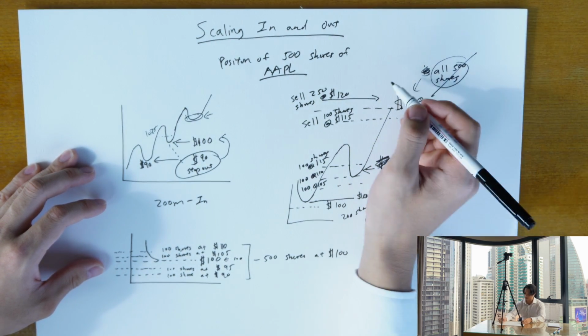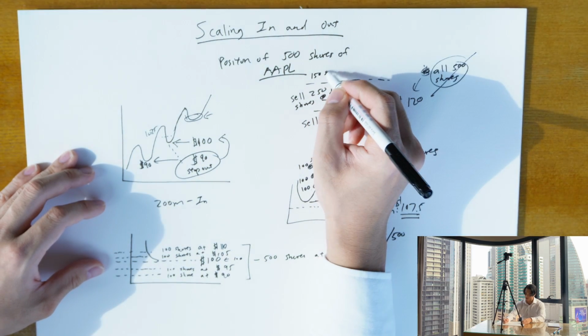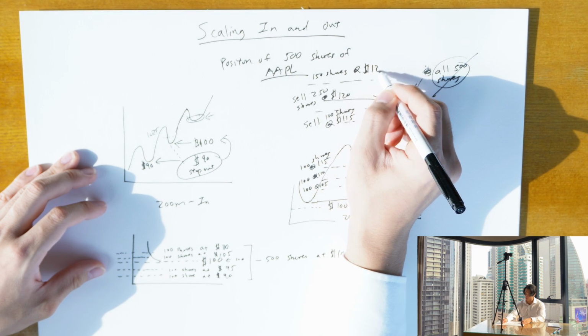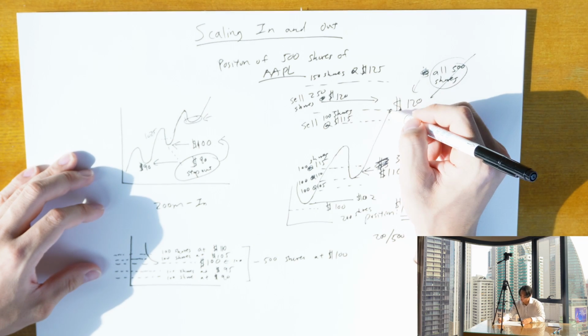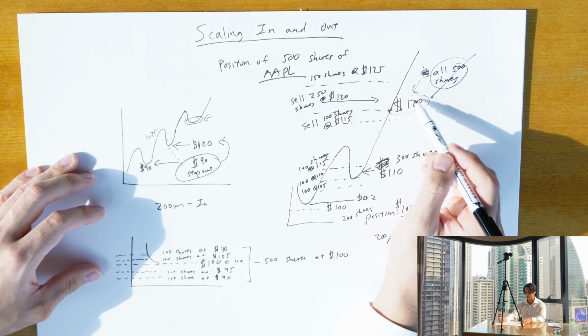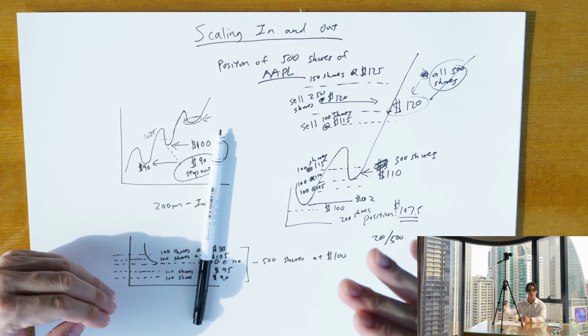Maybe you sell an additional 150 shares at 125, right? The point is, even though your profit target is 120, you can start selling earlier in smaller increments.